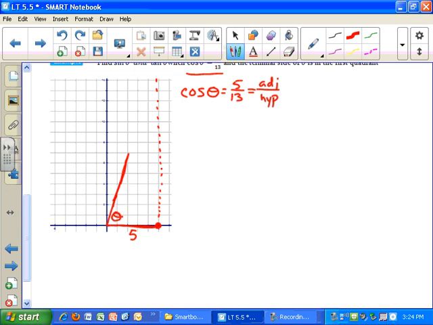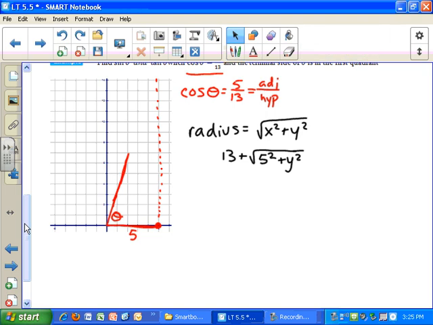So let's use that formula that says that the radius equals the square root of x squared plus y squared. And the radius is going to be 13. I know my x value is 5, and I'm just looking for what is the y value. Okay, so to solve, we need to square both sides. So 13 is equal to the square root of 5 squared plus y squared. 13 squared is 169.